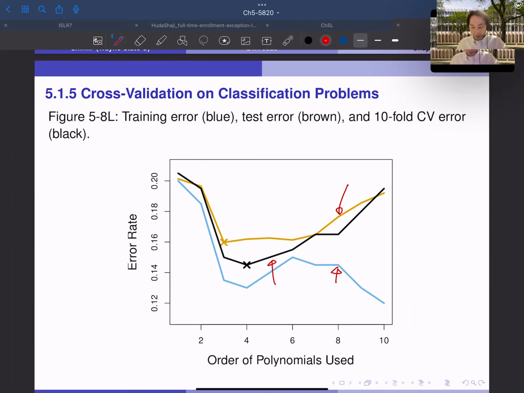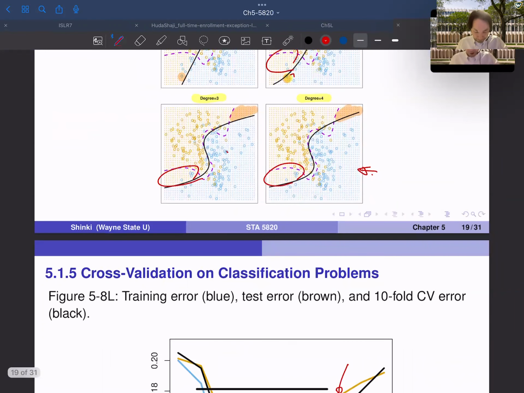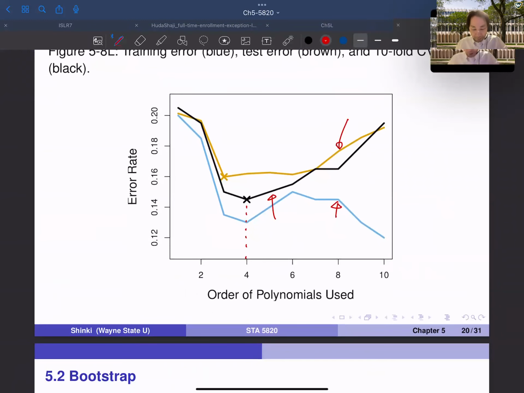The black one is the best indicator for the expected error size, so we should opt for order of polynomial equal to 4. That means the 4-degree polynomial is better. Actually this is better than 3 to 1, but at 5 or more, it gets a little worse. So in this way, we can select the model.